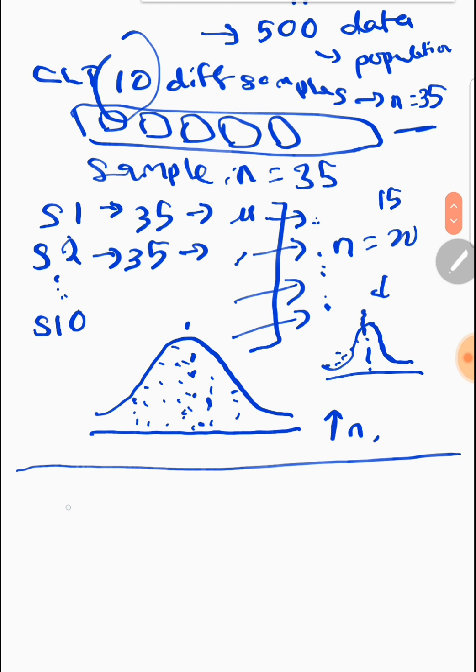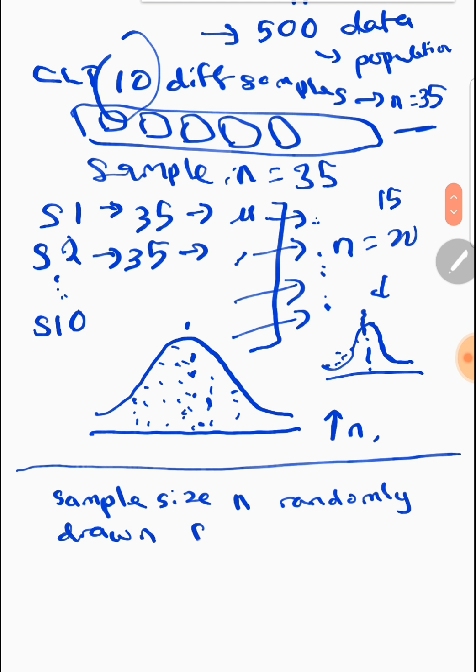So the central limit theorem says that if you have a sample size of n, randomly drawn from a population, and this population has a mean of mu.